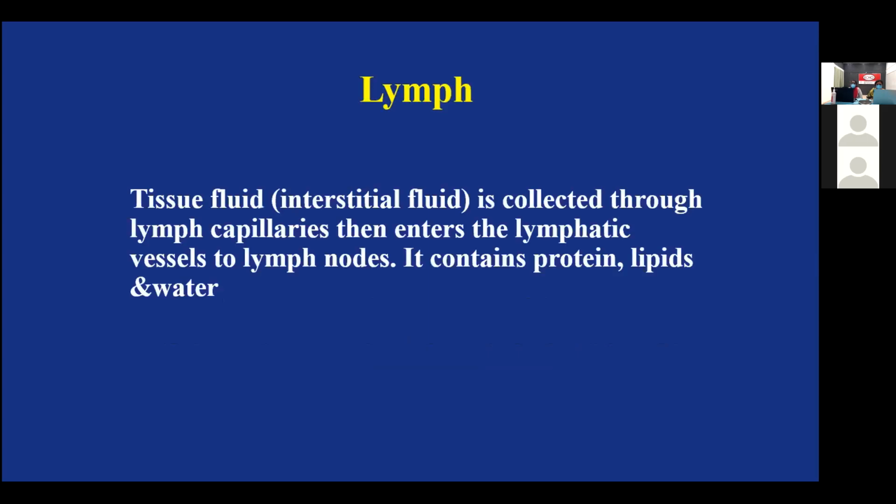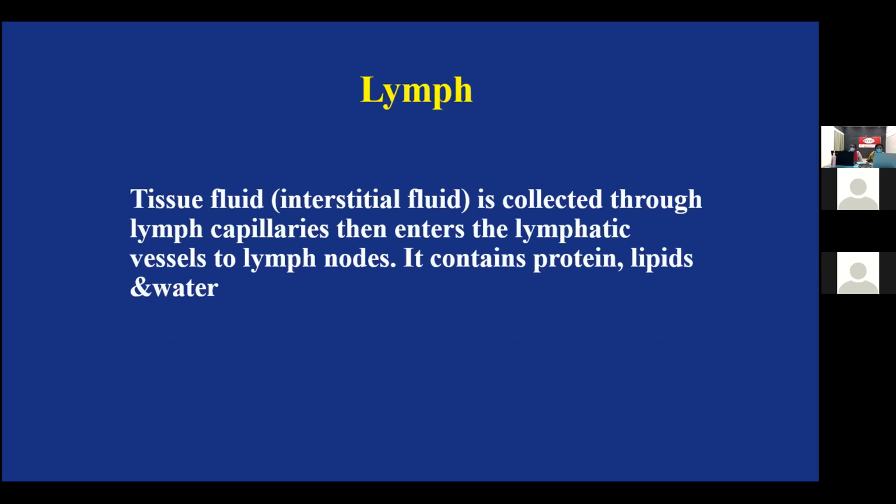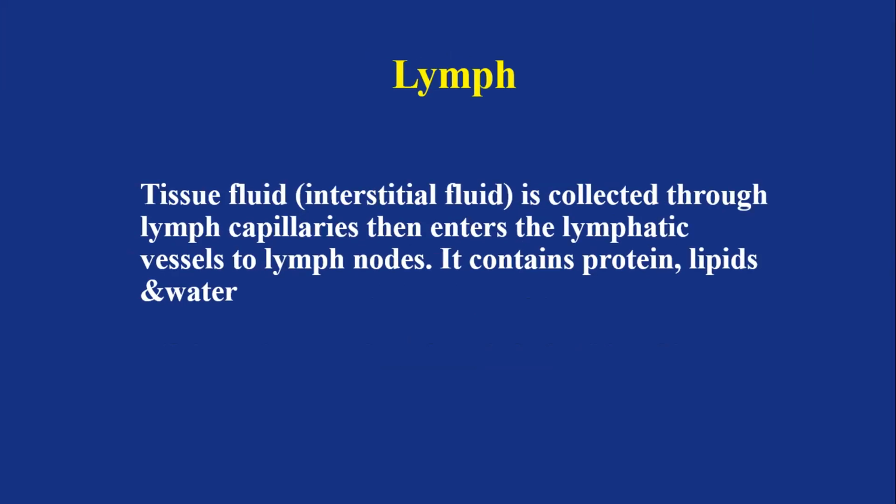Lymph is a tissue fluid. It's an interstitial fluid. It's collected through the lymphatic capillaries, then enters the lymphatic vessels to the lymph nodes. Mainly, it contains protein, lipids, and water. It's a clear fluid.